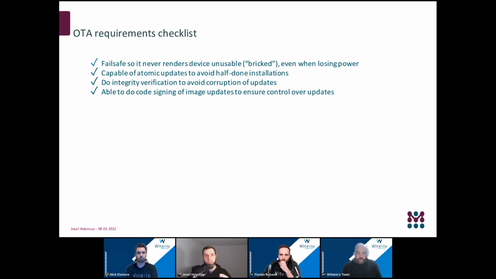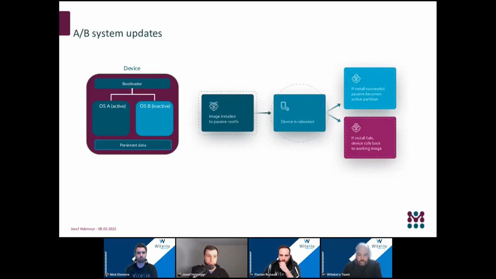This applies to the deployment of the update, but also to the update artifact that gets deployed. This should be integrity verified, and if you are deploying to a device that is not meant to run user-supplied code, you might also want to employ code signing so nobody else can inject updates and modify your device's operation.